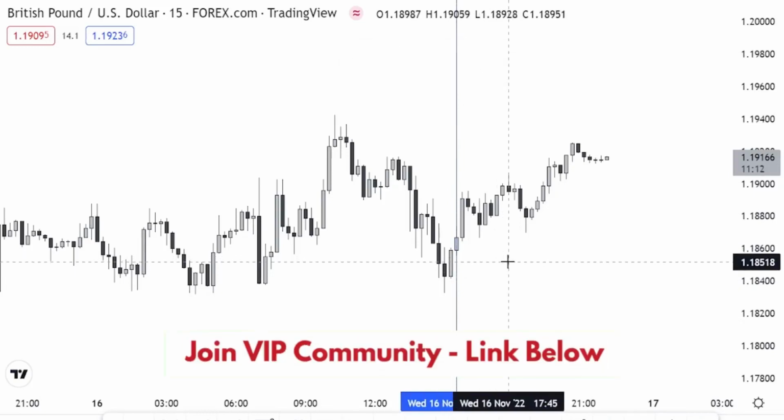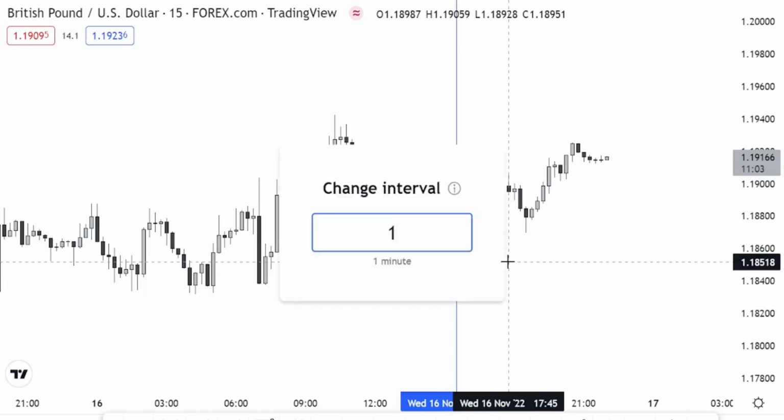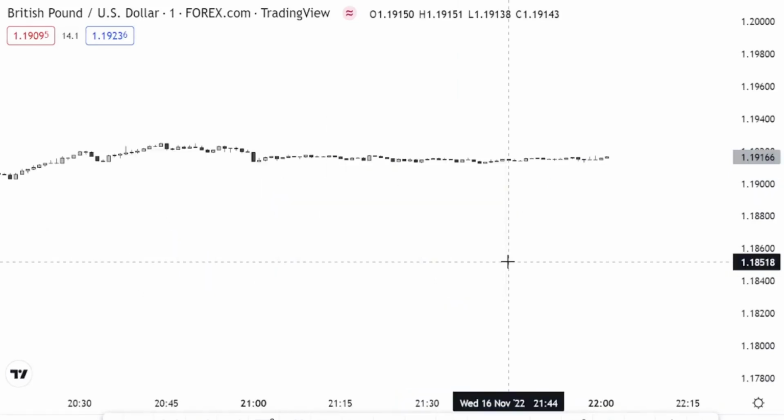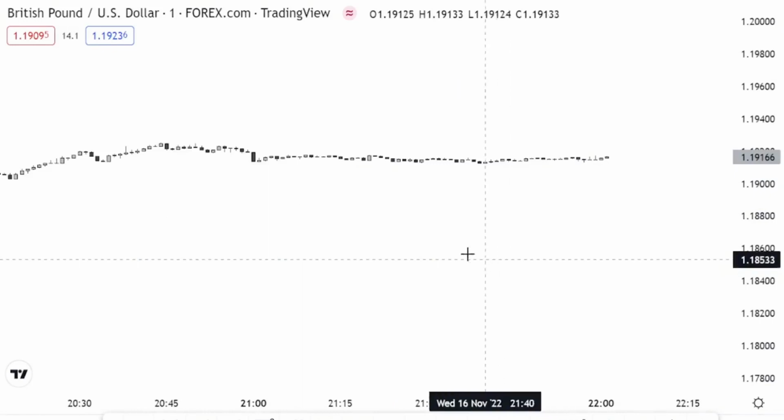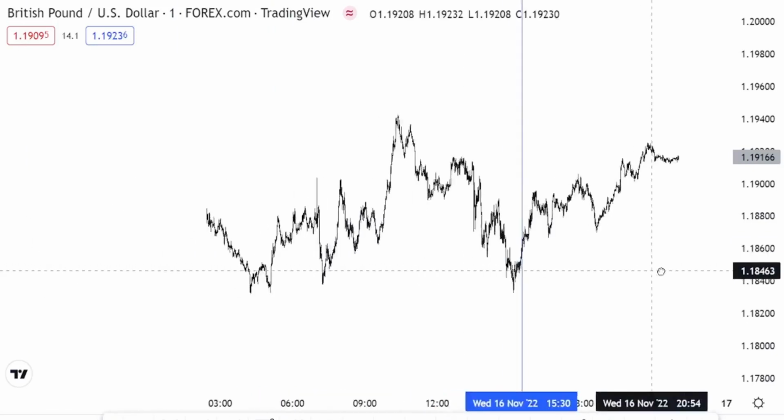Then we drop to our 1 minute time frame, to see our entry opportunities from that vertical line we have drawn. Very simple strategy, but effective.